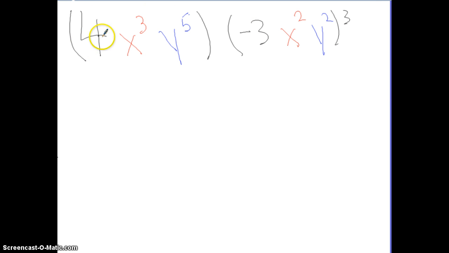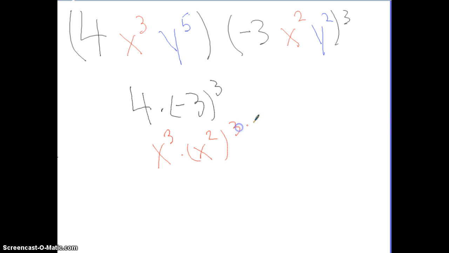First, the black terms. 4 times negative 3 to the third. And now I'm going to do the red terms. X to the third times x squared to the third. And then the blue terms. Y to the fifth times y squared to the third.